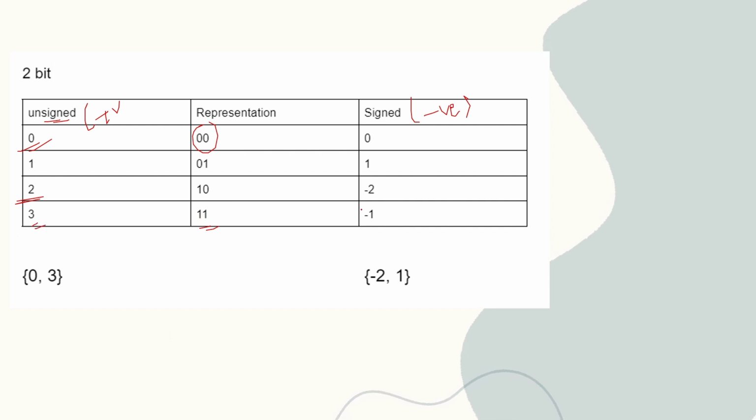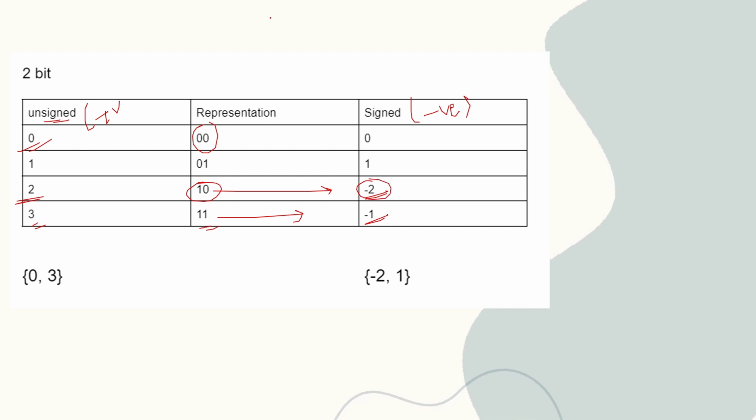And these are the negative representations. Okay, for 10 it's minus 2, and for 11 it's minus 1. I hope you know how you got these things. As I said, you are going to take one's complement of it. Firstly you need to negate this, that means you need to complement these bits, and then you need to add one and check it.